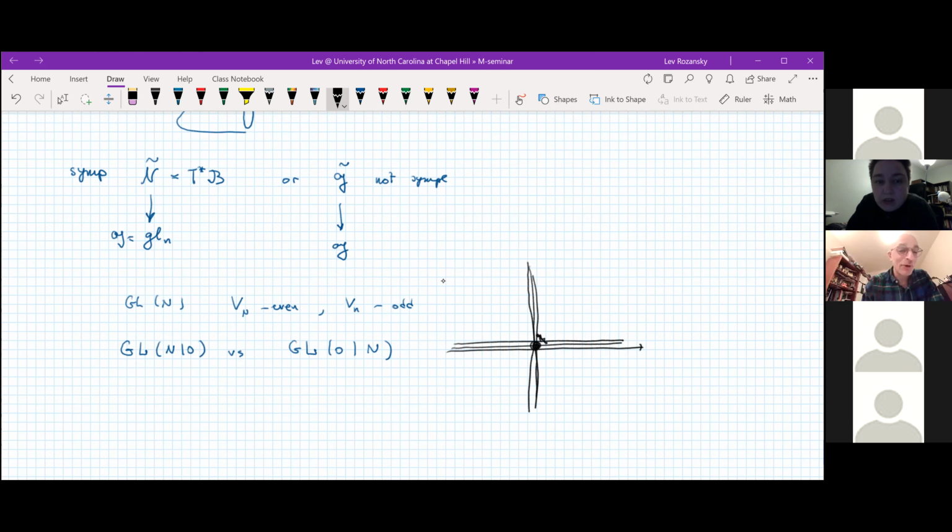However, if you send both along X, then they can run along X. And you will get an infinite dimensional space, at least due to the fact that they can travel. But they will have the same Euler characteristic. One will be finite dimensional and the other one will be infinite dimensional.